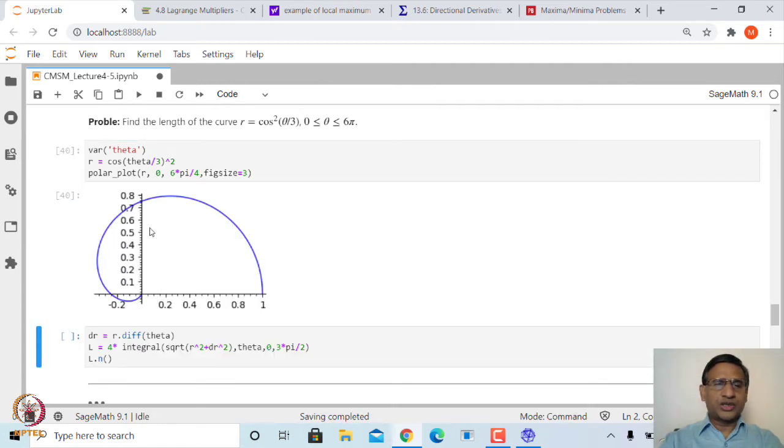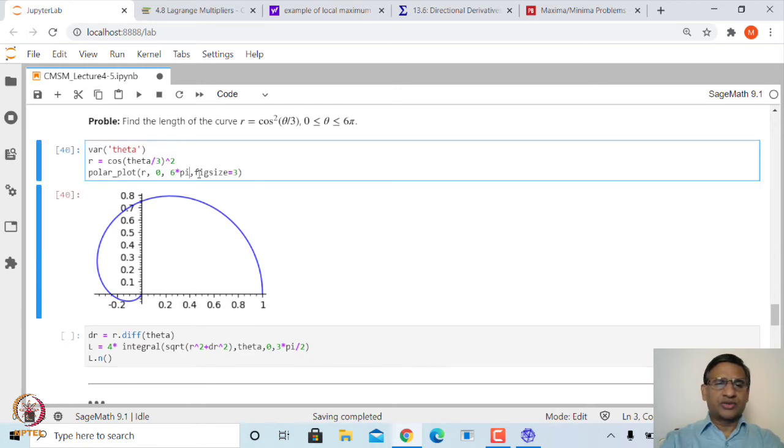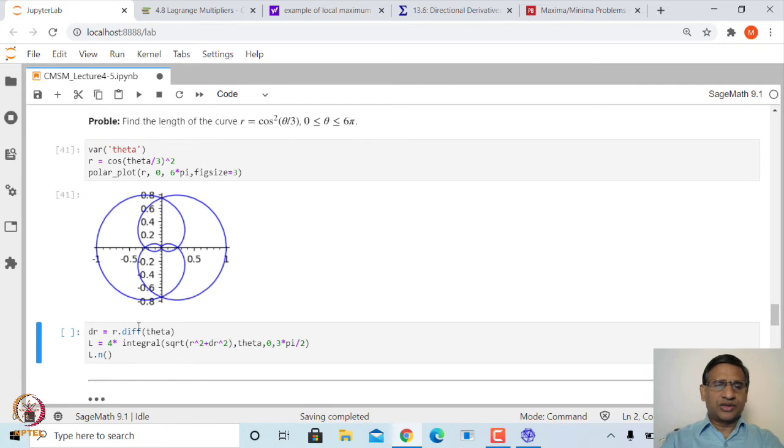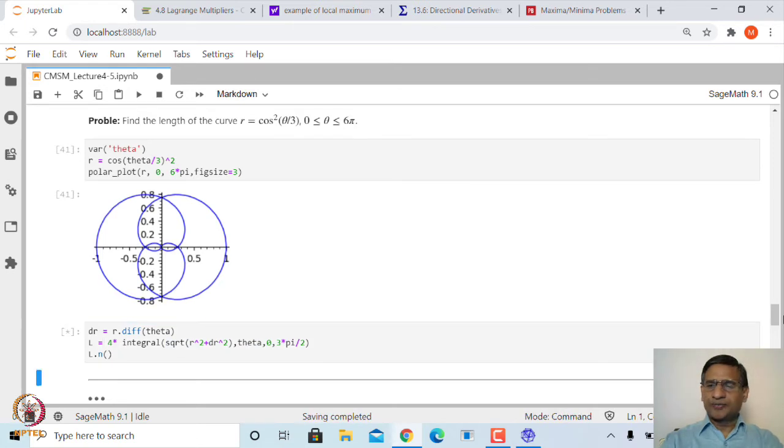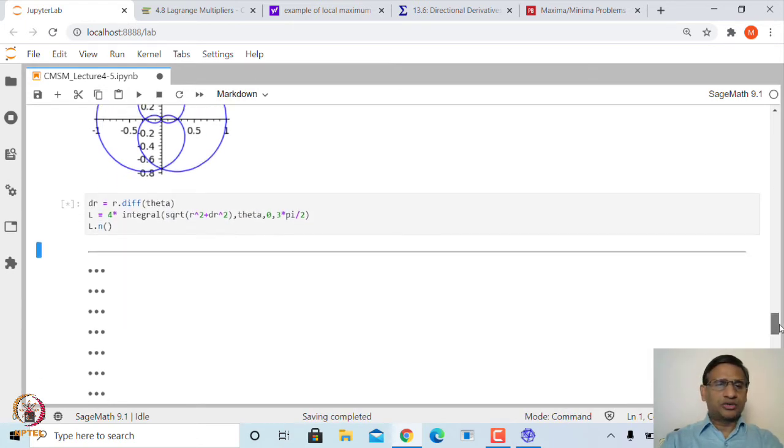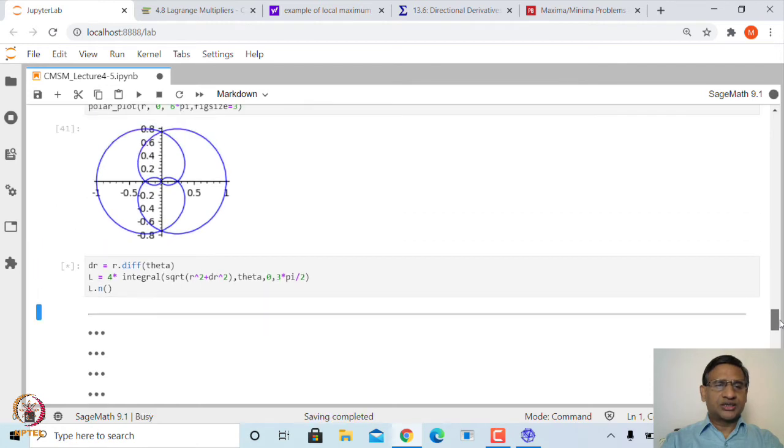This is only 1/4, and the length will be 4 times this. So, that is what we are doing. We will look at the length between 0 to 3 pi by 2, which is 6 pi divided by 4, and multiply this by 4, and when you compute the integral, you can look at the numerical value of this.